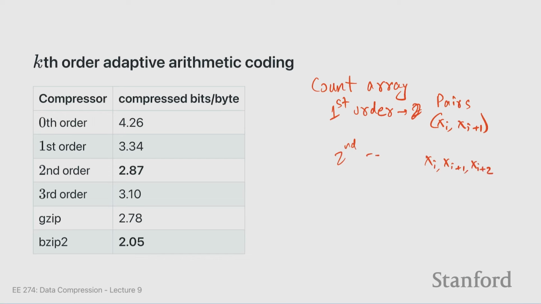You need 3 at a time, and so on. So this grows exponentially in the order basically. If your alphabet size is x and this is your order, then this is the number of counts you need to maintain. So if you have a very small amount of data, your counts will be very sparse.